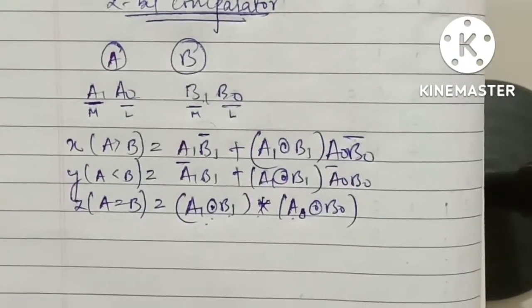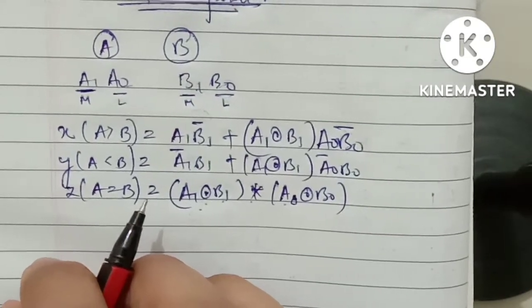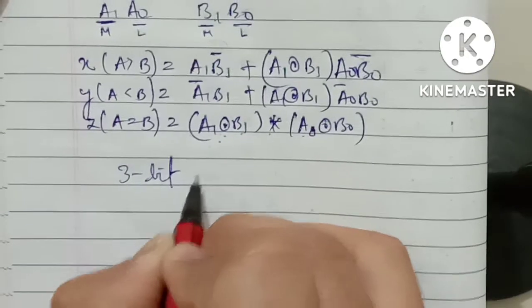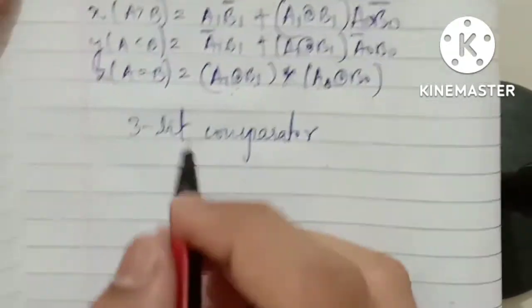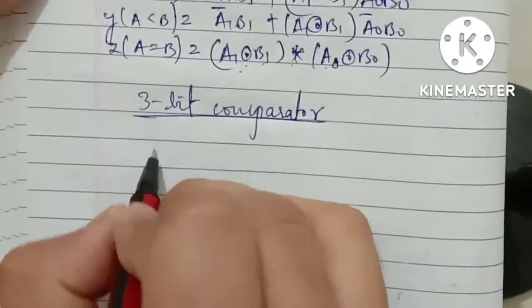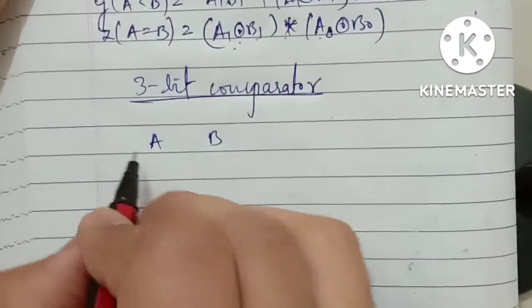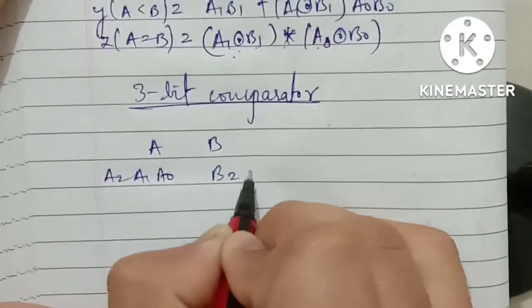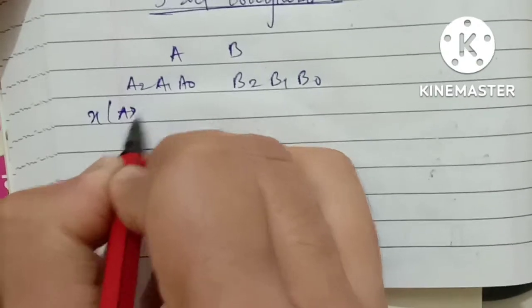This is how you can directly write the equation. No need for writing the truth table and all this. In the exam you can directly write it. For a 3-bit comparator, meaning two numbers of 3 bits, a2 a1 a0 and b2 b1 b0. So x means a greater than b, right?